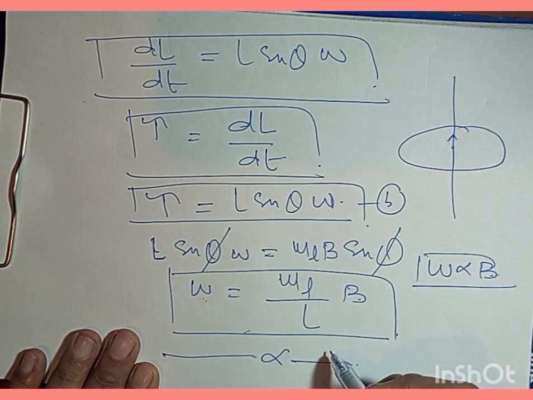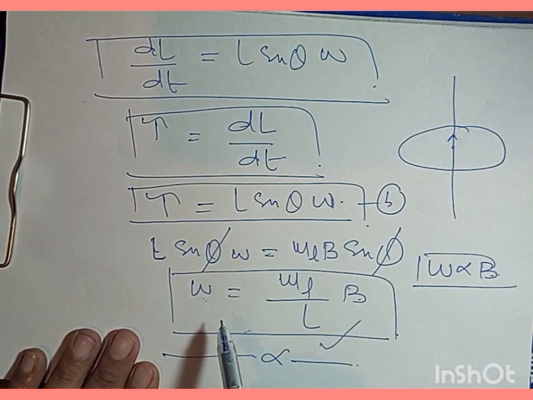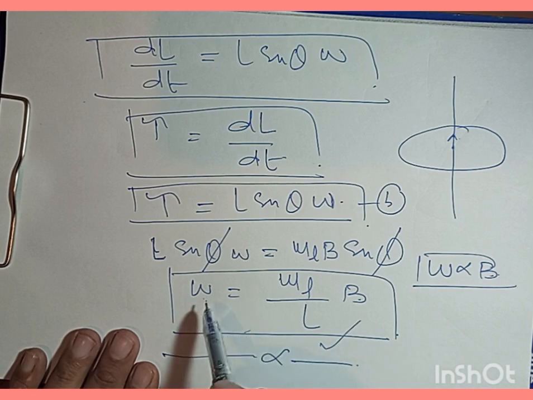So if you are increasing the strength of the magnetic field, then automatically the Larmor angular frequency also goes on increasing.